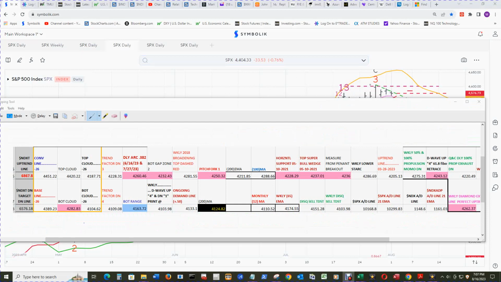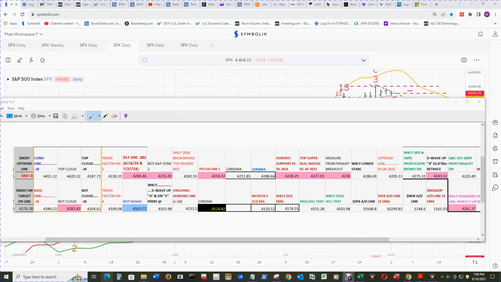It's quite important. So the bottom of the cloud is at 4282 over here on the lower left, and the target is this D wave up 4 for the 61.8 Fibonacci retracement projection for D wave up 4 there.